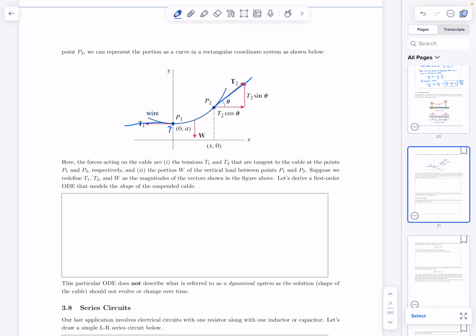So let's notice that the tension T2 has horizontal and vertical components, which are in fact T2 cosine theta and T2 sine theta, respectively.